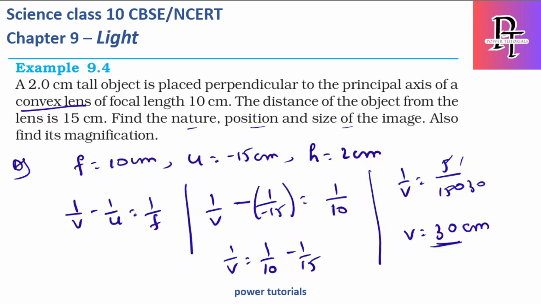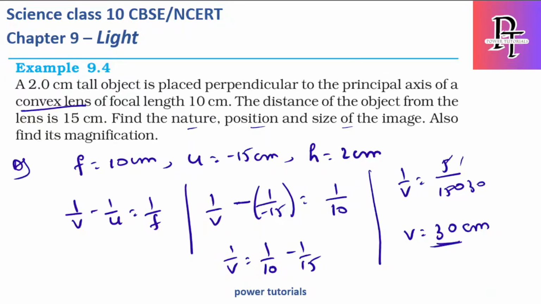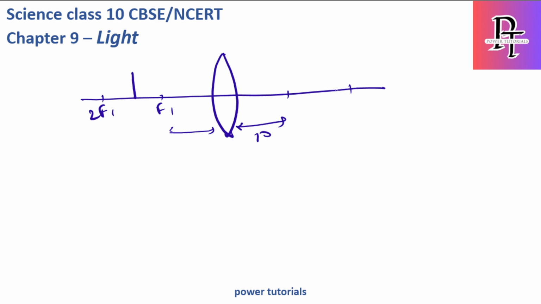Where is the object placed? The object is at u, which is -15. So here we have the object between 2f1 and f1. And where is the image formed? 30 centimeters. So we have 10 and this will be 20. So somewhere here we have the image created.